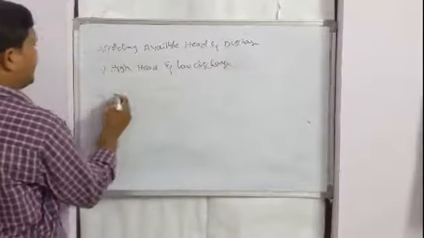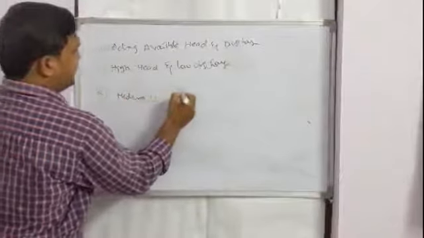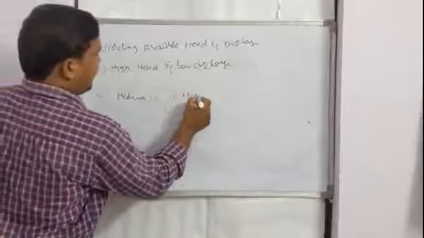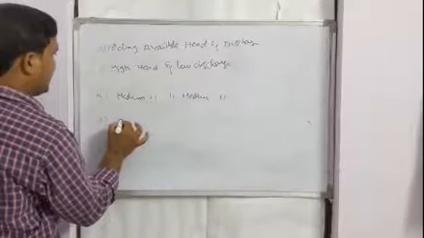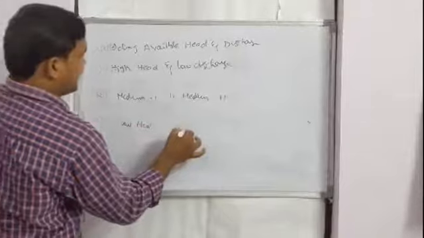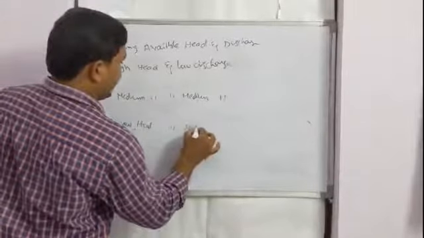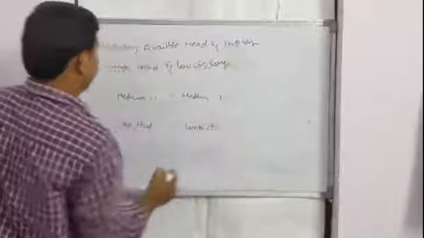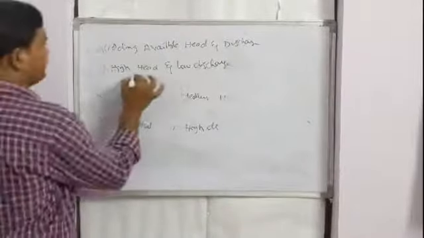The second one is medium head, which requires a medium discharge, and the last one is low head turbine, which requires a low head, meaning high discharge. The high head turbine is the example of Pelton wheel.